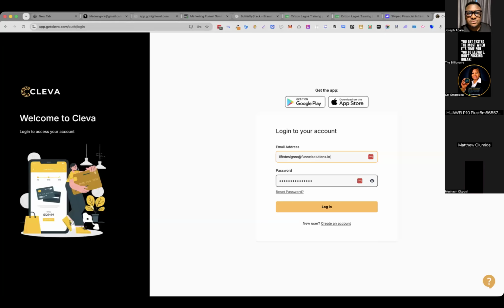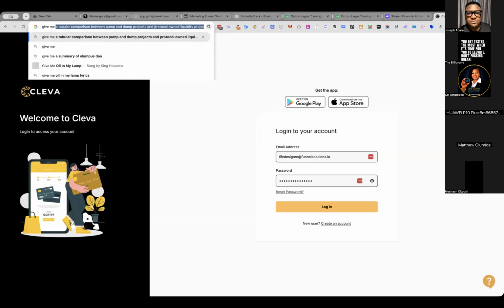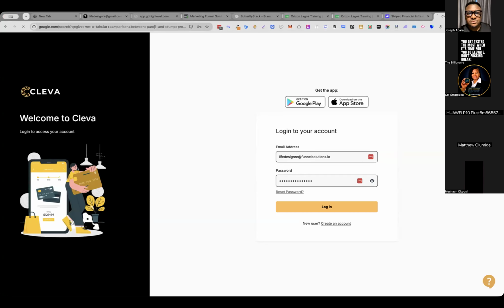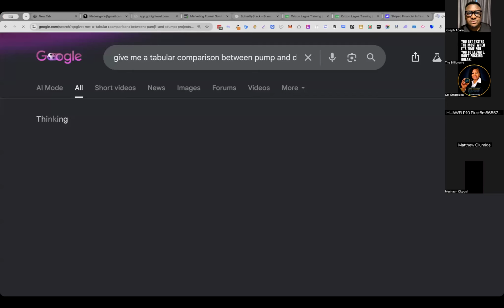So if you come to Google here, I'm sharing my browser, and I'm just going to say: give me a tabular comparison between pump and dump projects, which is the hallmark of DeFi 1.0, and protocol-owned liquidity projects. That's what I just typed in the chat.